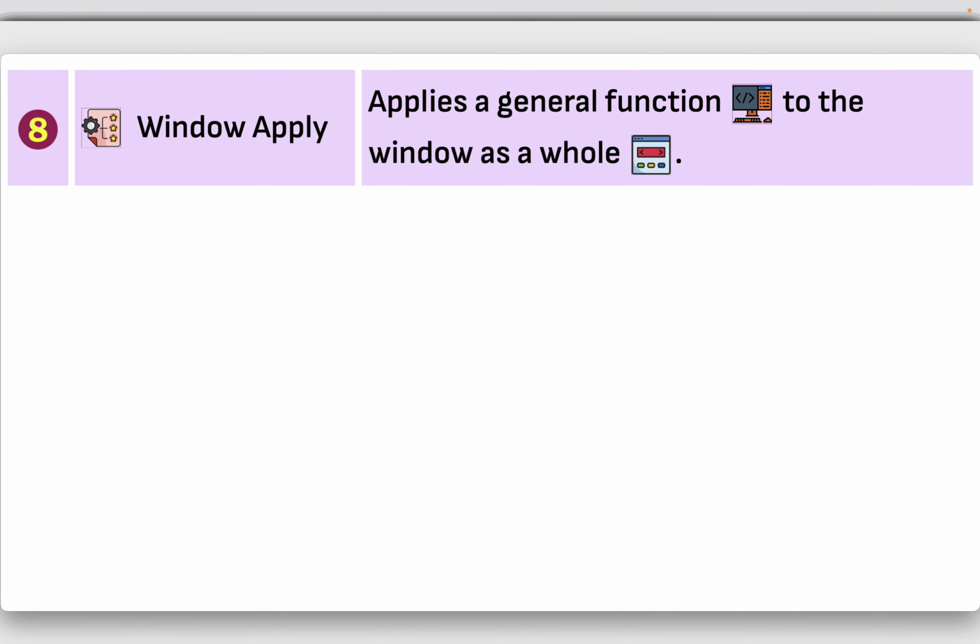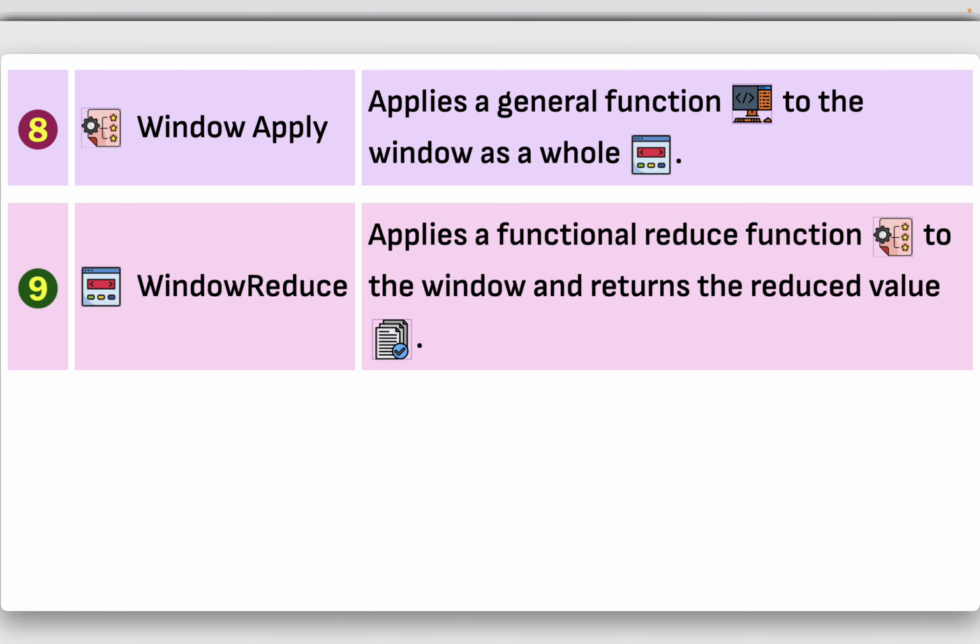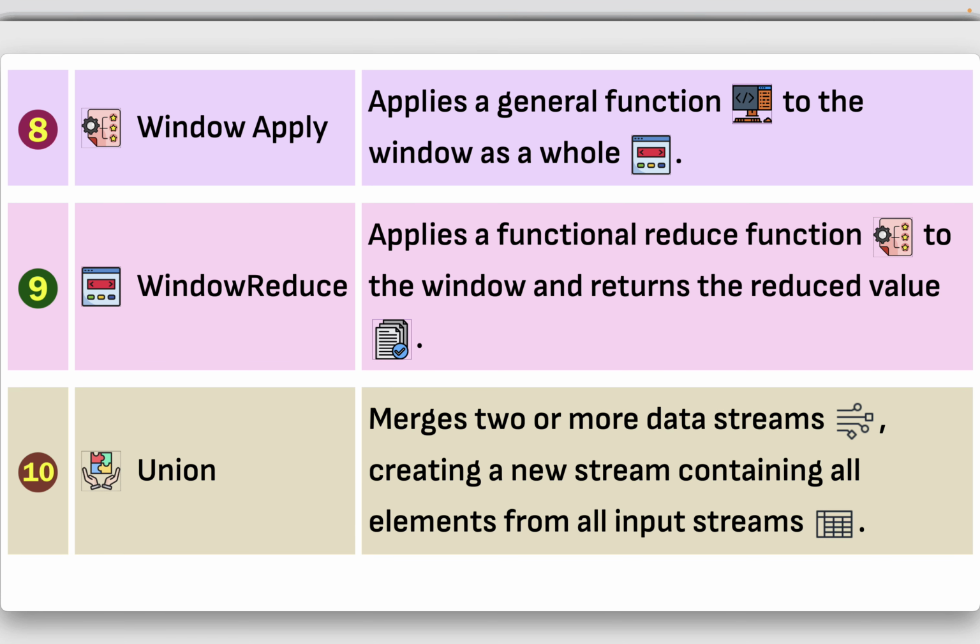Then window apply. This applies a general function to the window as a whole. Window reduce. This applies a functional reduce function to the window and returns the reduced value. And then the union operator. This merges two or more data streams, creating a new stream containing all elements from all input streams.